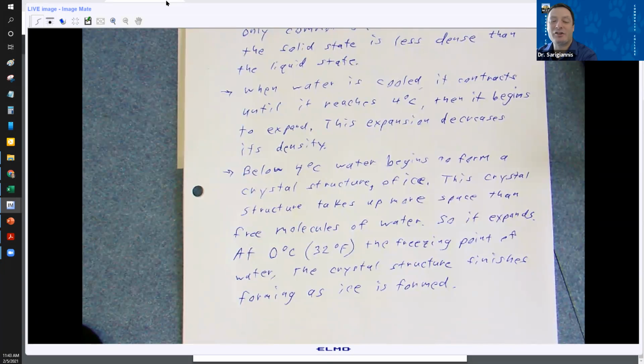So that's why you get the contraction and expansion. However, for most substances, when you get into that crystal structure, it becomes even tighter. But the crystal structure of water actually allows it to take up more space than it does as liquid water.